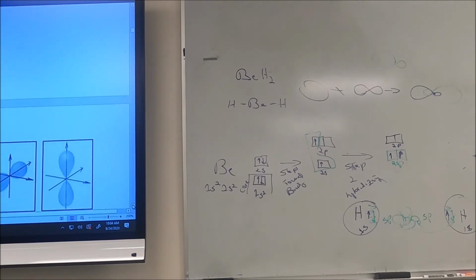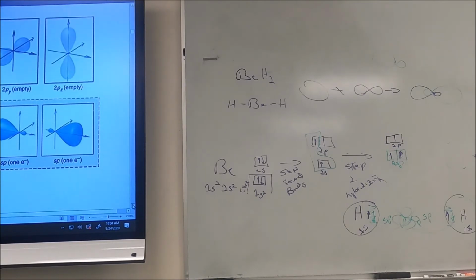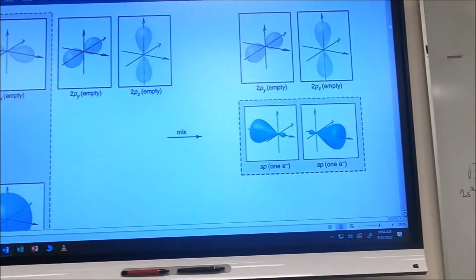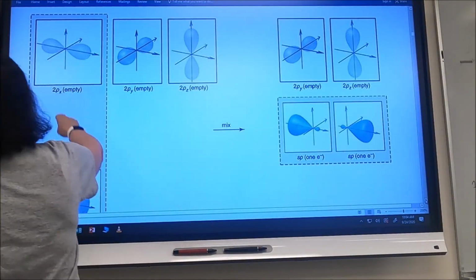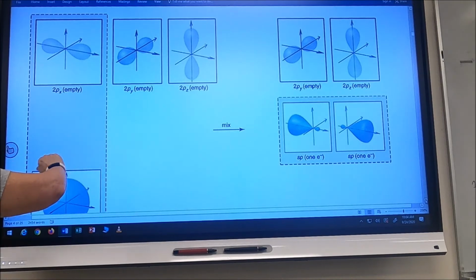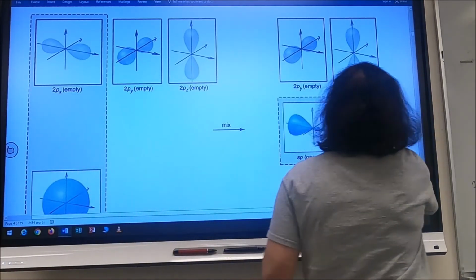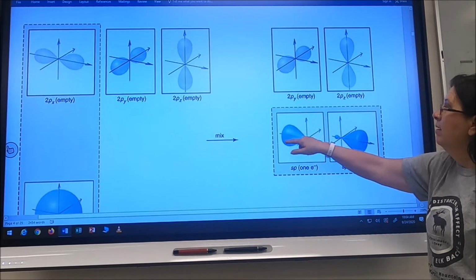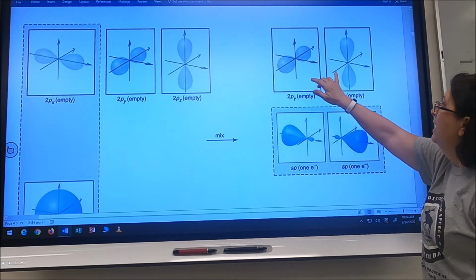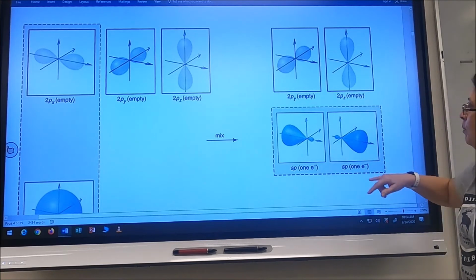Now I have pretty pictures, okay, in the notes, but if I don't draw it, I talk too fast. So you can see here an s and a p blend together to give us a mixing. I get sp hybrids, a big lobe for bonding, and then we have the two sp orbitals.